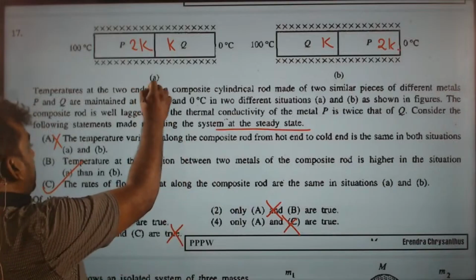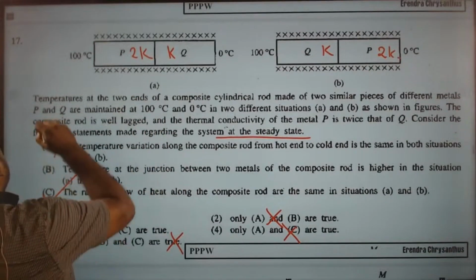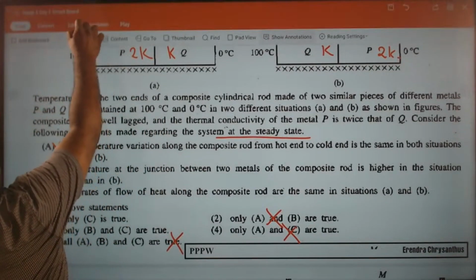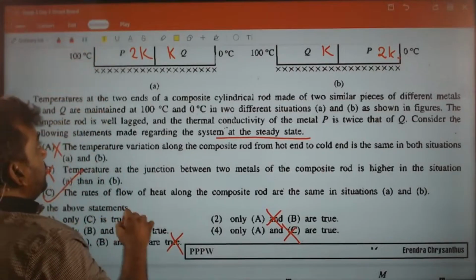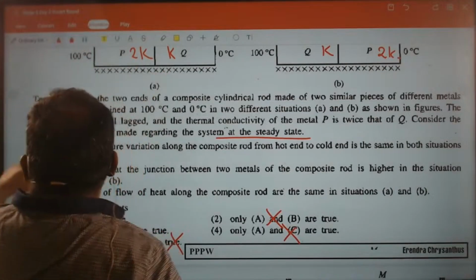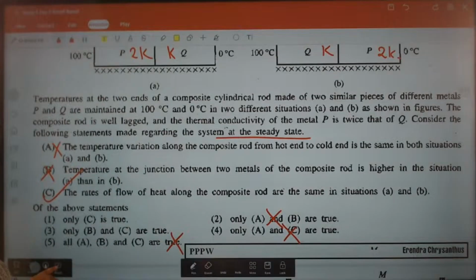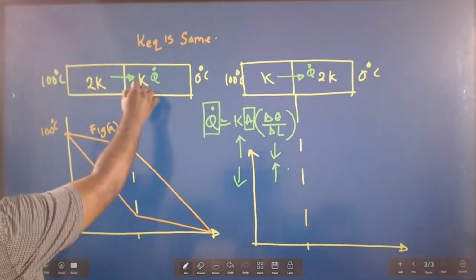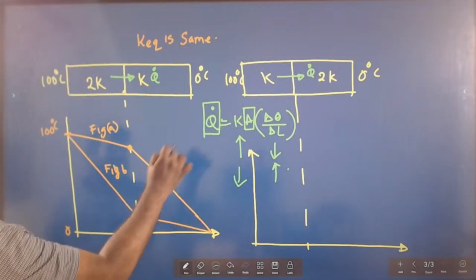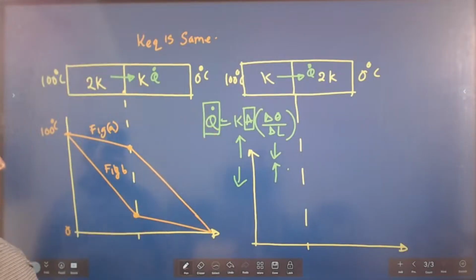Wrong. Situation A is not higher. Situation A is lower. If you want, go back and see.